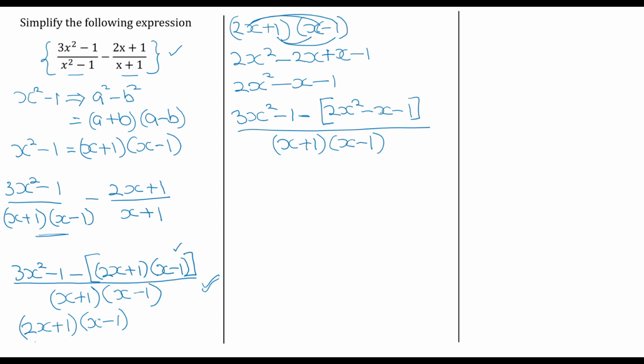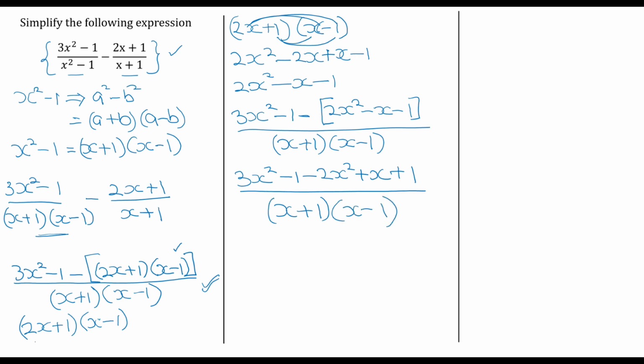You multiply everything in the square bracket, so you'll have 3x squared minus 1 minus 2x squared, this one and this one, this one and this one, you'll get positive x. This one and this one, you'll get positive 1 over (x plus 1)(x minus 1).